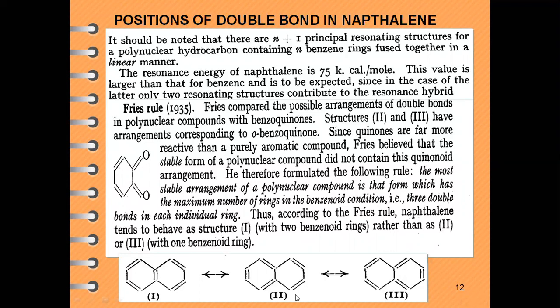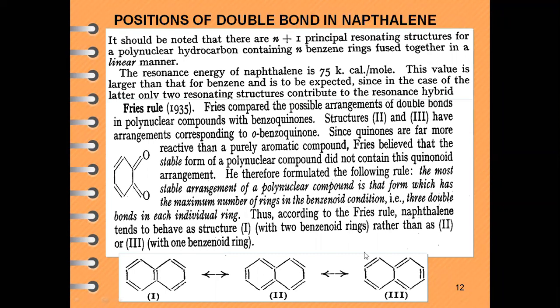Now, when we compare these three structures, structure number 1 has one double bond which is shared between the fused carbon atoms of these two benzene rings. This double bond is shared with the first benzene ring and also with the second benzene ring.